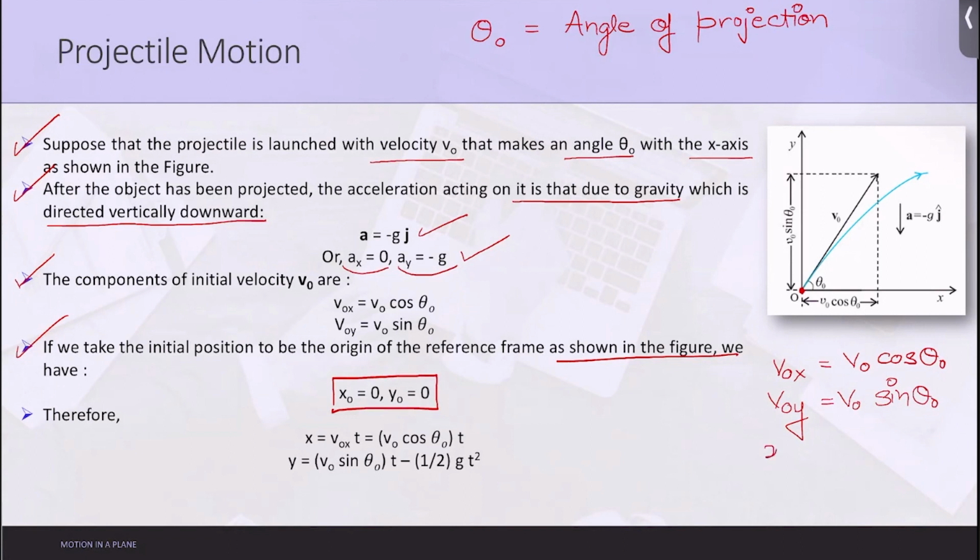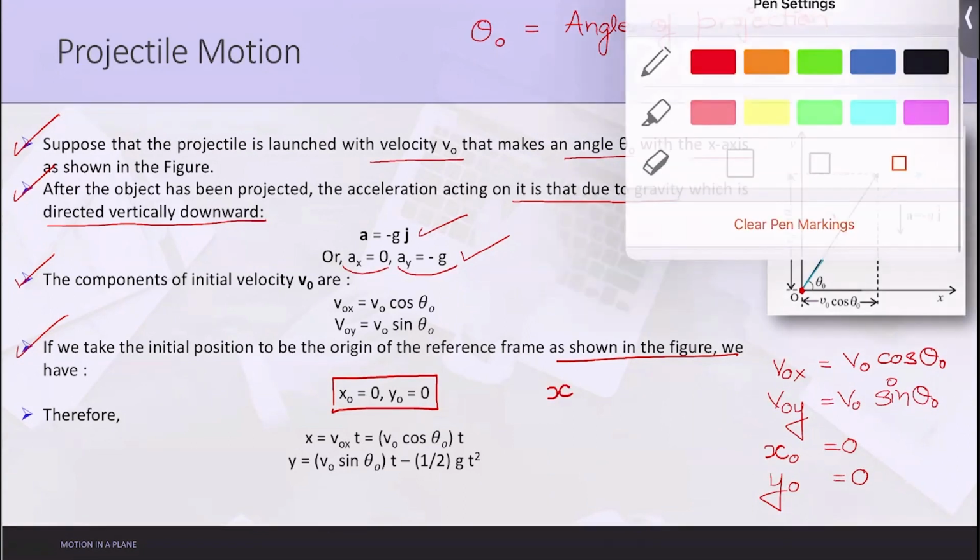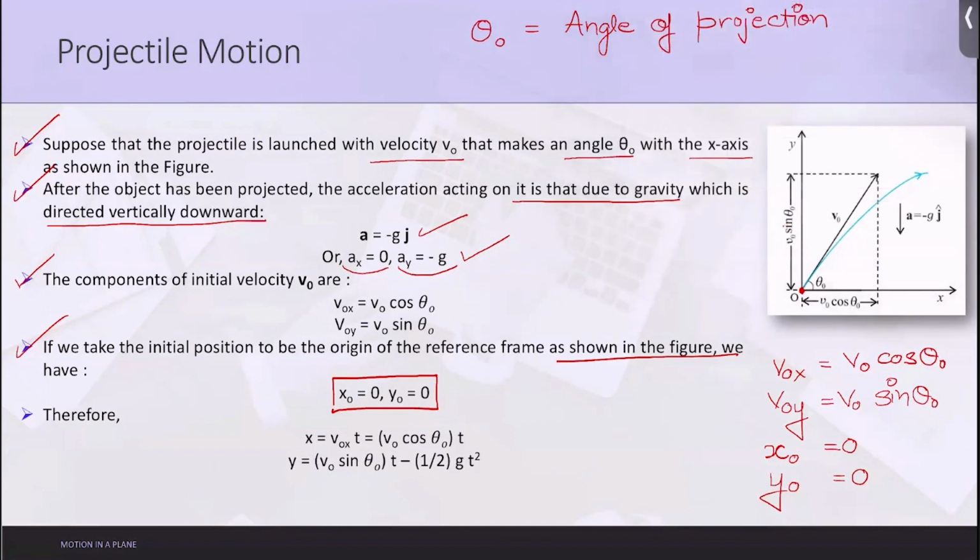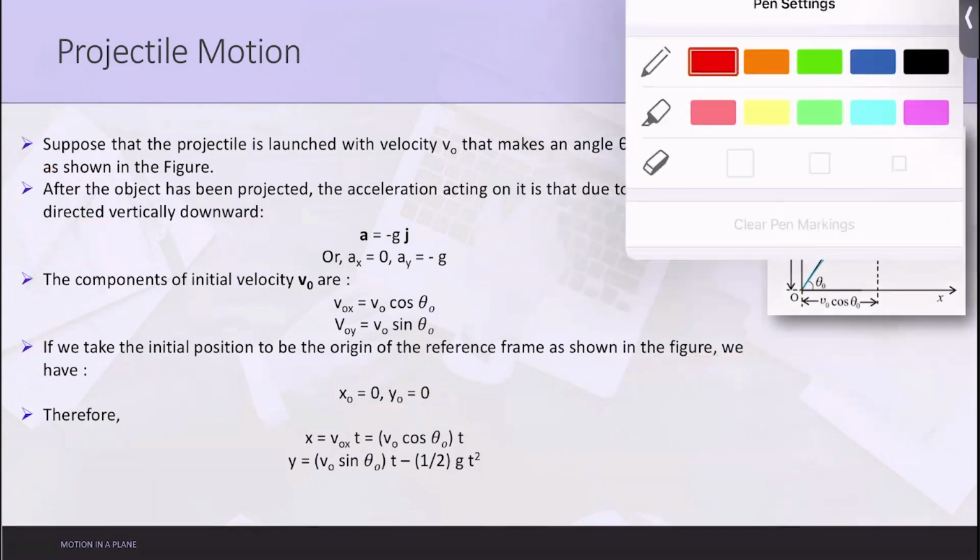Therefore, we can write x naught is 0 and y naught is also 0. Or else, we can write the position vector at the initial position: r naught is equal to 0 i cap plus 0 j cap. Clear? Okay.